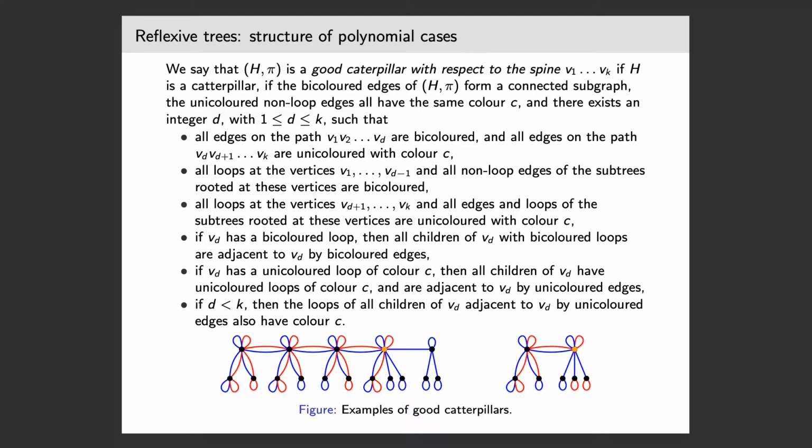If Vd has a unicolored loop of color C, then all children of Vd have unicolored loops of color C and are adjacent to Vd by unicolored edges. And finally, if d is strictly less than k, then the loops of all children of Vd adjacent to Vd by unicolored edges also have color C.